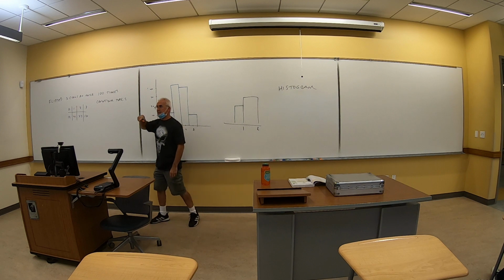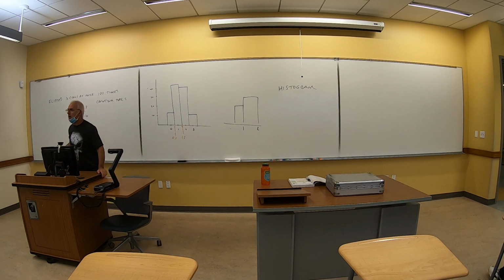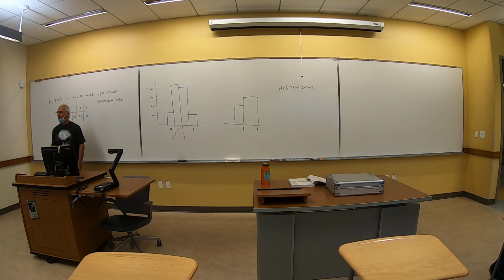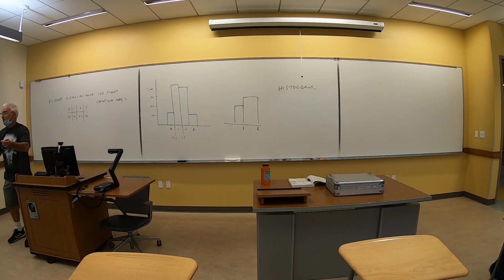Oh, so in this case here, I did it 100 times. What's 40 out of 100? Well, that's 0.4, isn't it? Or if you want to say 40%. So what if I do this? This is now because I did it 100 times exactly.